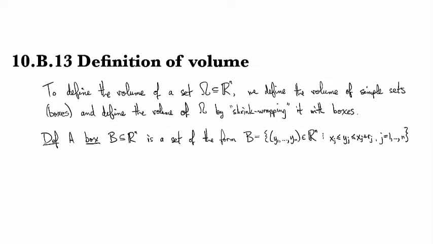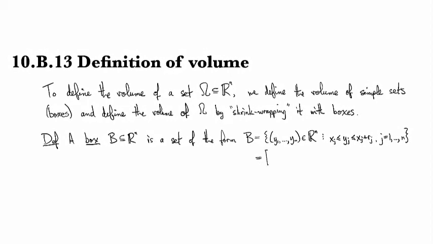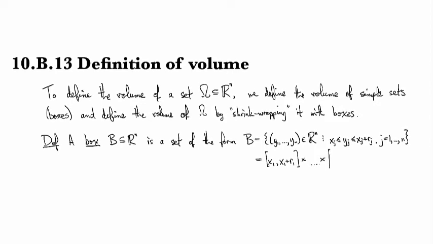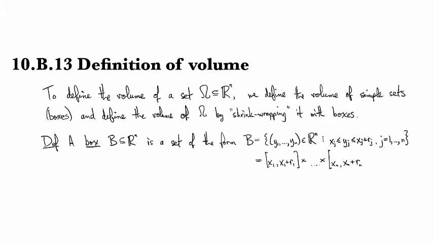And this is the same thing as the Cartesian product of the intervals from x1 to x1 plus r1, crossed with, up to xn to xn plus rn.